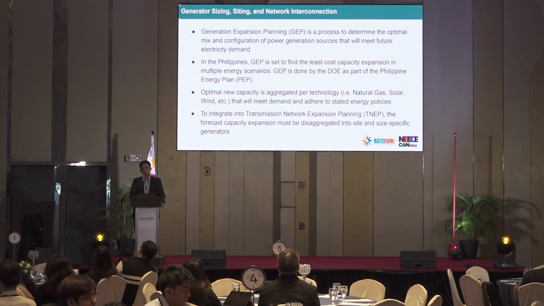That's conducted by the DOE, and that's part of the Philippine Energy Plan, as I mentioned. So optimal new capacity is aggregated per technology, meaning X megawatts of natural gas by 2050, X number of coal or X number of solar plants by 2050.